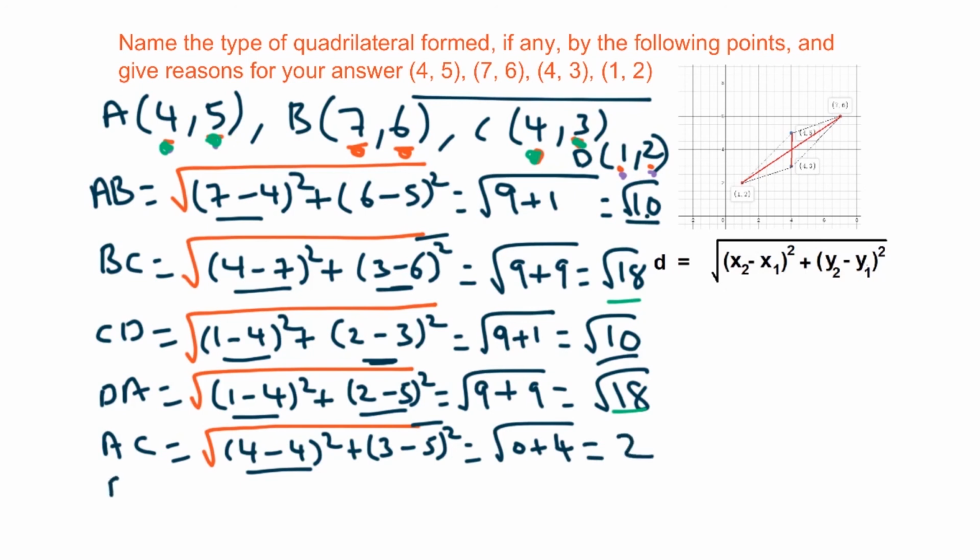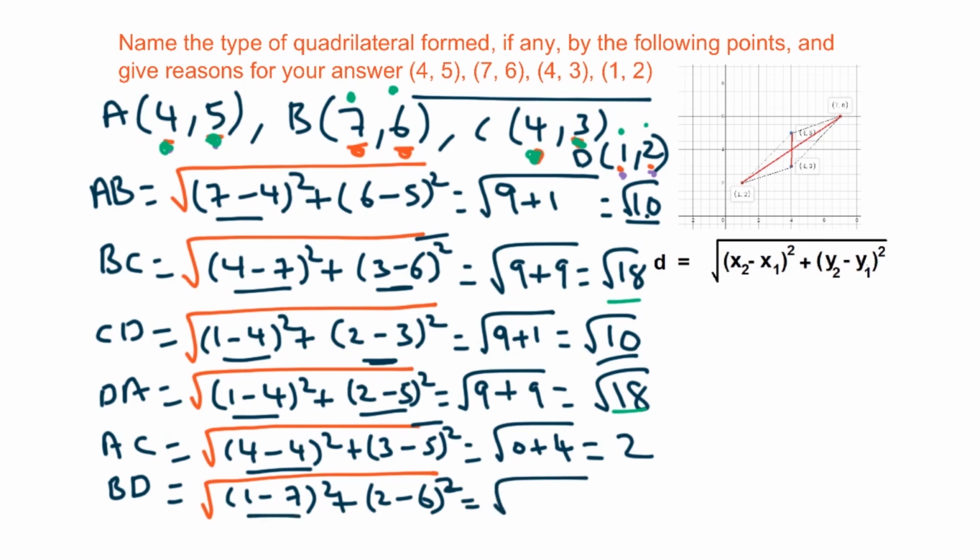Now we will find the second diagonal, which is BD. So let us say this as x1, y1 and x2, y2. So find x2 minus x1. x2 minus x1 is 1 minus 7 whole square, plus y2 minus y1 is 2 minus 6 whole square. 1 minus 7 is minus 6, square is 36, 2 minus 6 is minus 4, square is 16, so square root of 52.